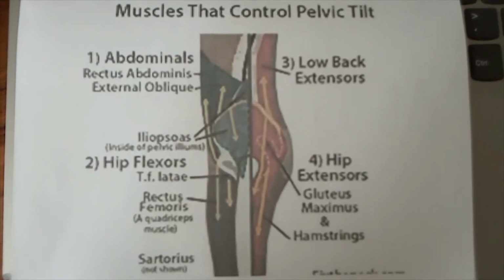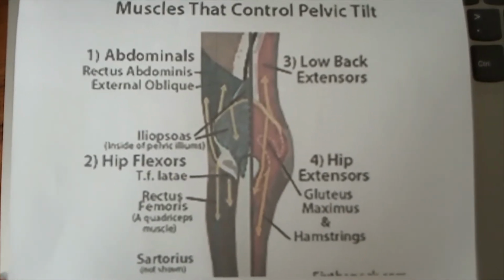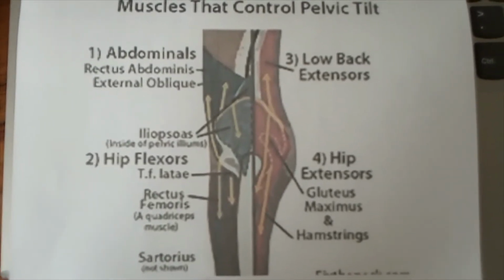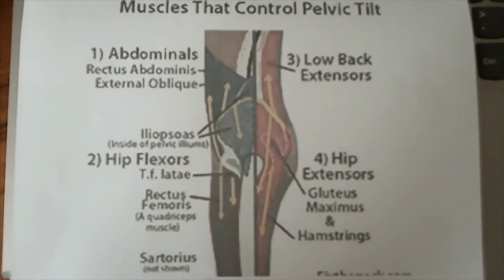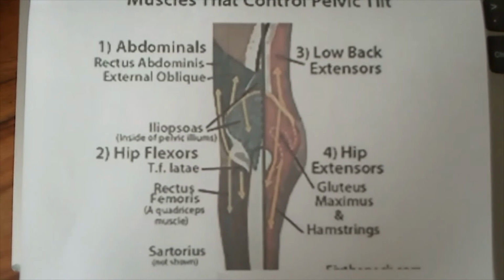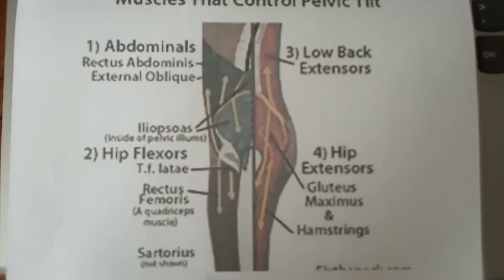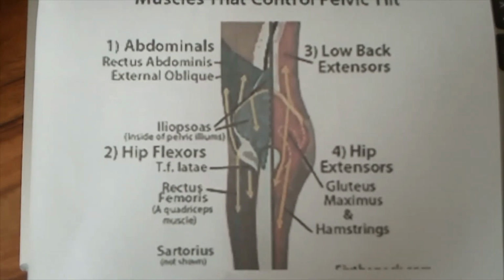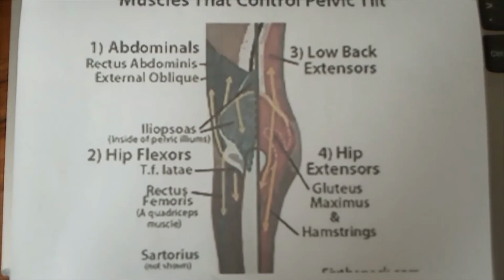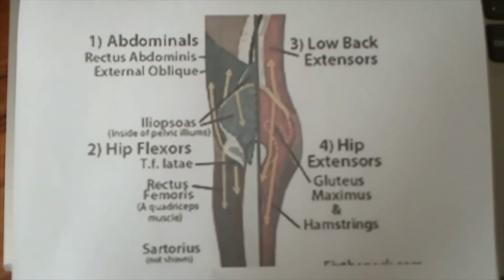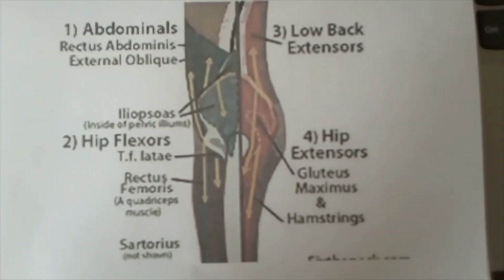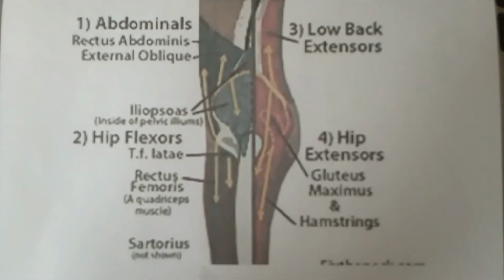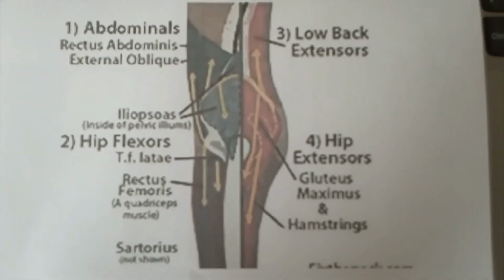There are various muscles that will control pelvic tilt, and depending on what type of pelvic tilt a client has, that will tell me which muscles are potentially tight or weakened. So pelvic tilt is an imbalance in the orientation of the pelvis, how the pelvis sits in relation to various muscles that you can see in this diagram, in the legs and back.